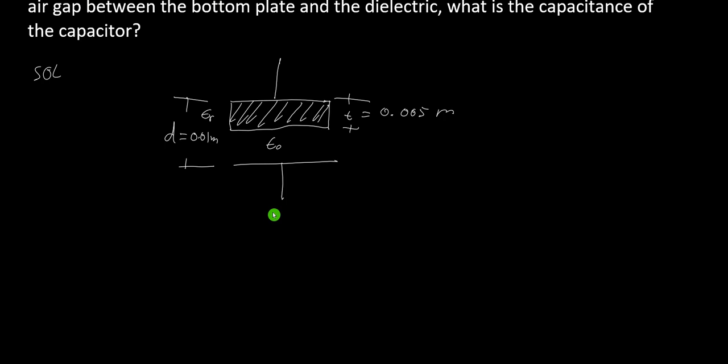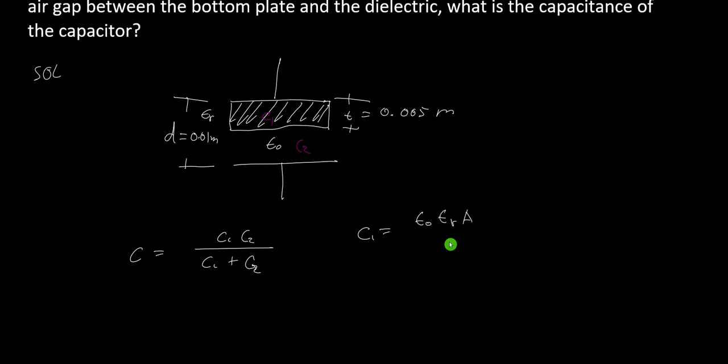So to solve for the equivalent capacitor, C, we can name the first one C1 and this one C2. So this will be C1 times C2 all over C1 plus C2. And what is C1? C1 will be epsilon naught times epsilon R times the area.